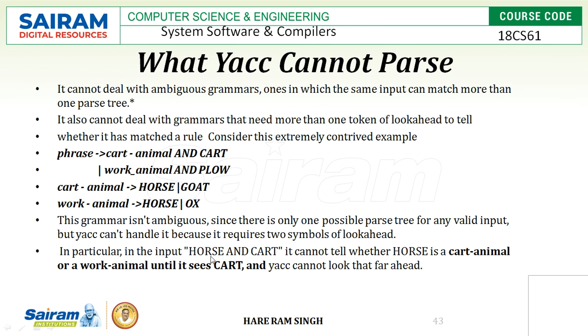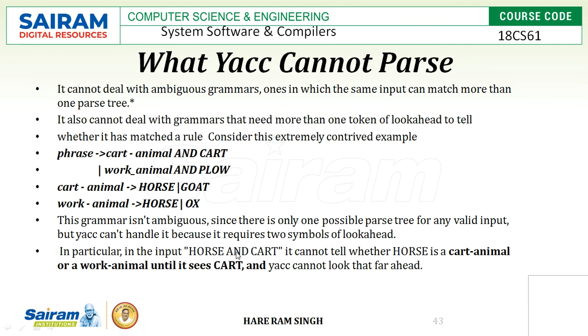In particular, in the input horse and cart, it cannot tell whether horse is a cart animal or work animal until it sees the cart. When it sees the cart, only then will it be clarified that yes, it is a cart animal, and Yak cannot look that far ahead.